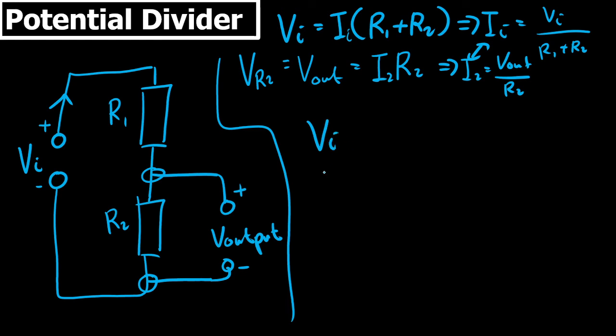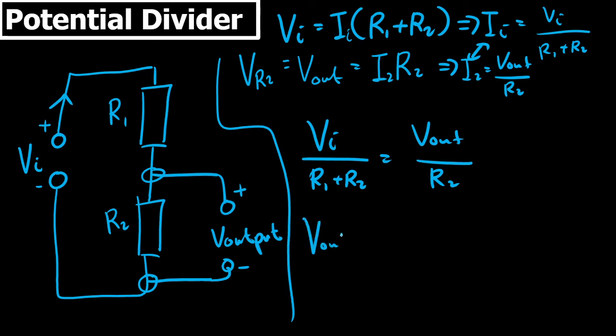So I can put V in over (R1 plus R2) is equal to V out over R2. Now if I rearrange that so that I have V out on the left side, I have on my right hand side R2 over (R1 plus R2), and that multiplies with V in.